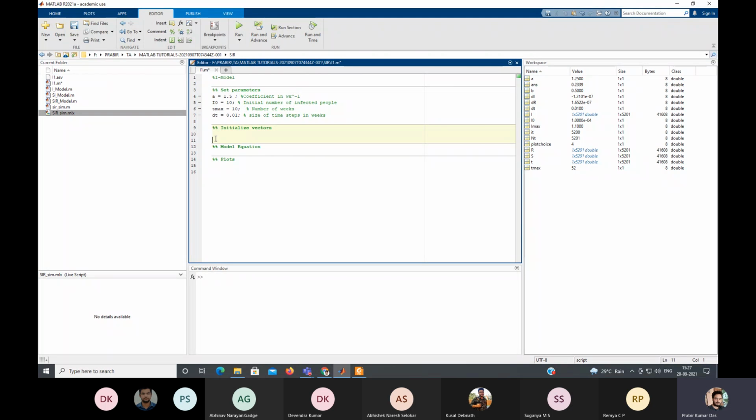Now we have to initialize our vector. So first we will make our time axis. To define the time axis, we use the colon operator.